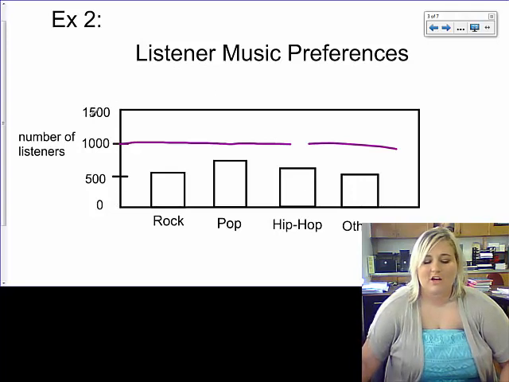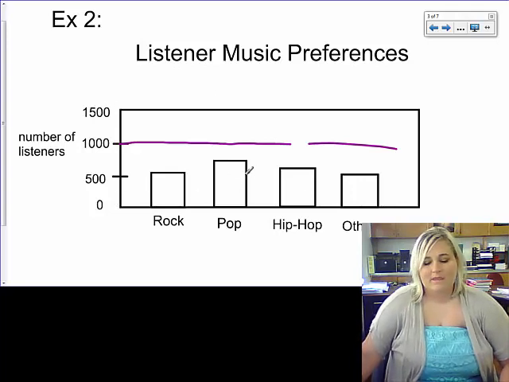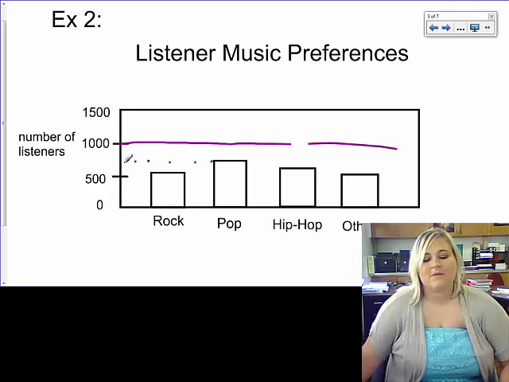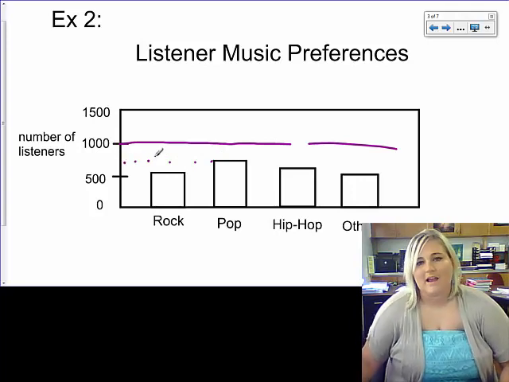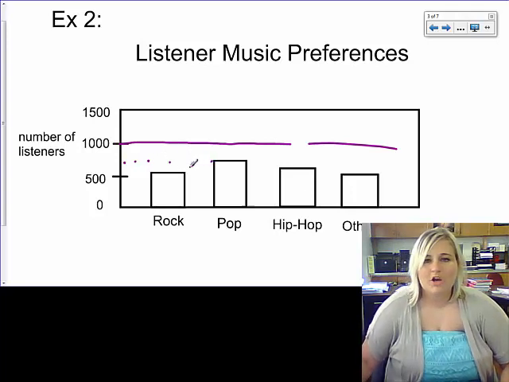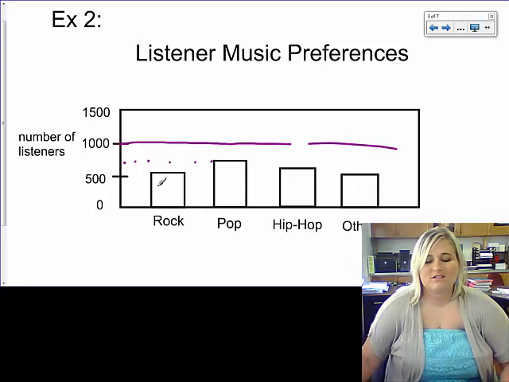and have 1,000 being all the way up here so that we can see an actual difference, because rock and other are just around that 500 mark, a little bit over, where pop is about halfway between, which would be about 750. So these are like 250 listeners apart, but it looks like there's barely a difference.